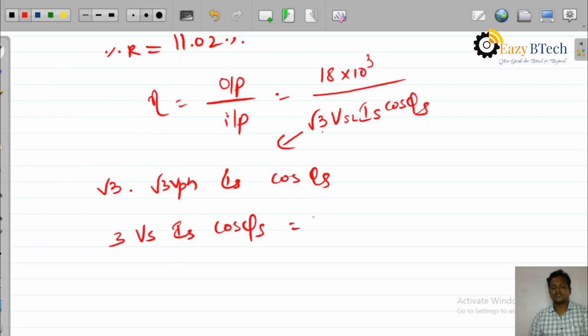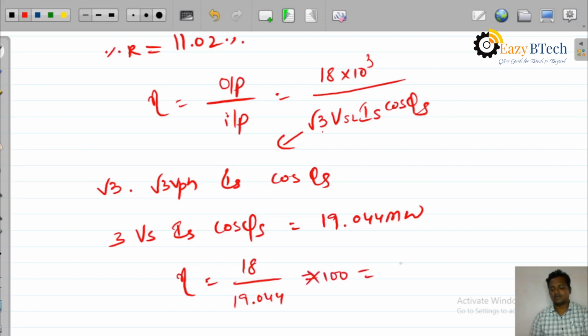Multiply this value, substitute Vs Is cos phi s, here you get 19.044 megawatt. Therefore the efficiency is 18 divided by 19.044, both in megawatt, into 100.